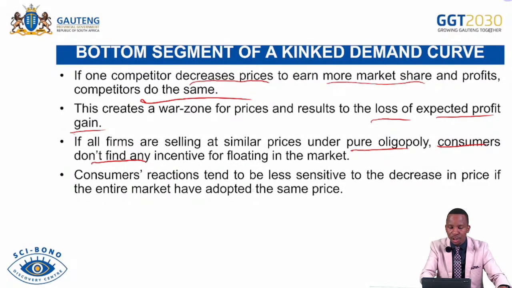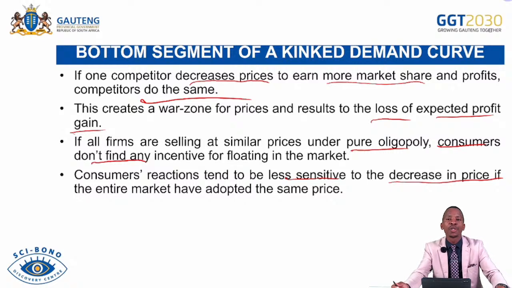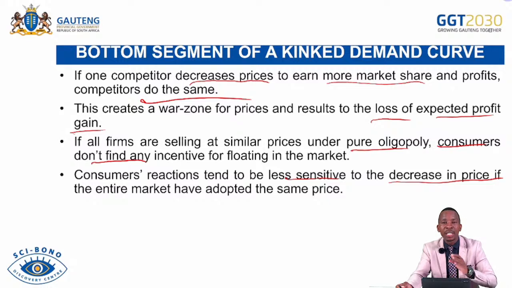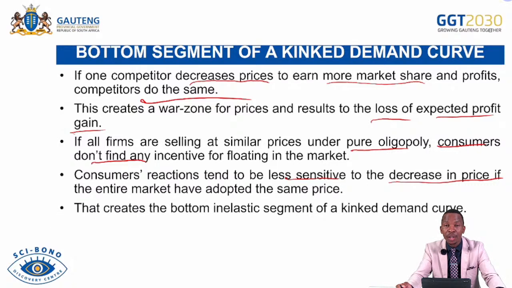Consumers' reaction tends to be less sensitive to the decrease in price if the entire market has adopted selling at the same lower price. Consumers will never find any incentive to leave their usual market to demand goods from other markets. So that leads to the creation of the bottom segment, which is relatively inelastic, under the kinked demand curve.